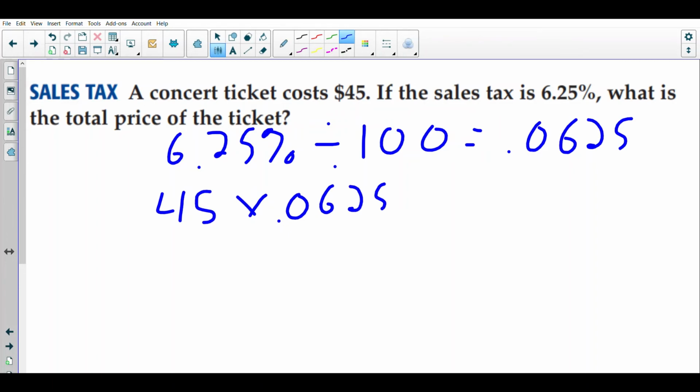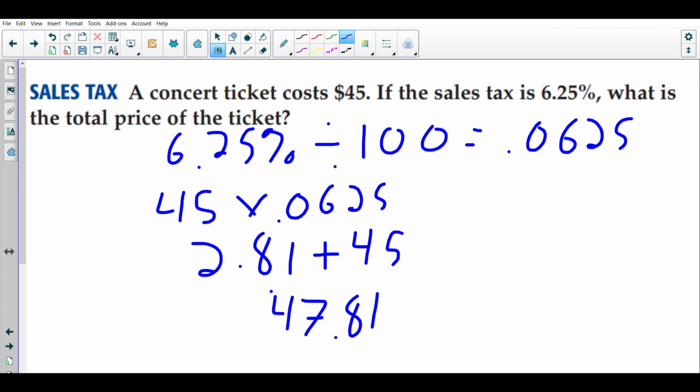Awkward numbers, a lot of extra work, so I'm going to grab my calculator, and I get 2.8125. I'm going to round that to 2.81 because we're talking money. Then take that and add it to the original, so we get $47.81. So after tax it is $47.81.